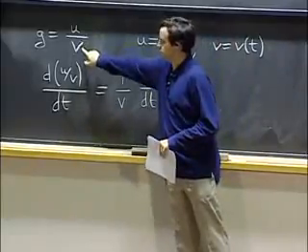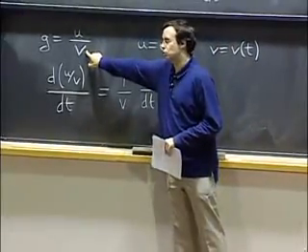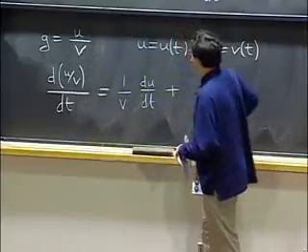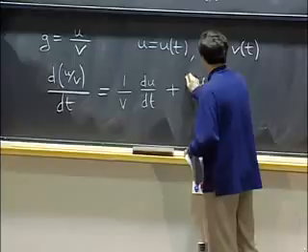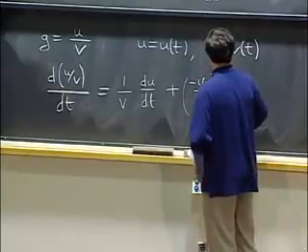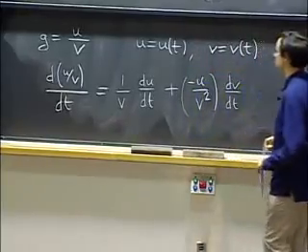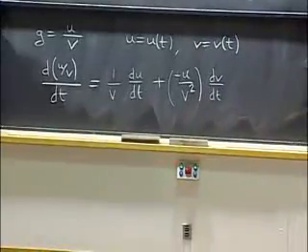What's the derivative of this with respect to v? Here we need to know how to differentiate the inverse. It's minus u over v squared times dv dt. And that's actually the usual quotient rule, just written in a slightly different way.